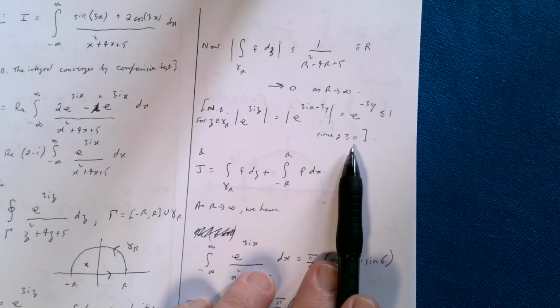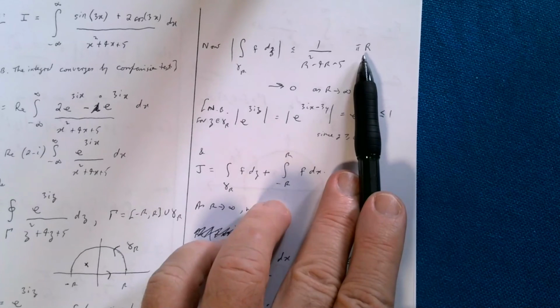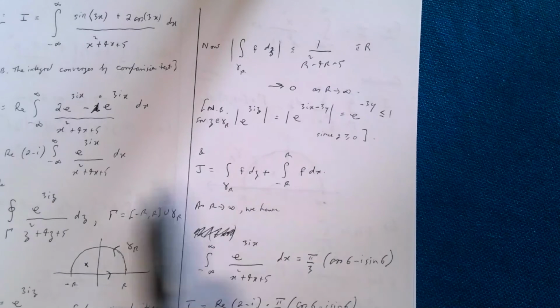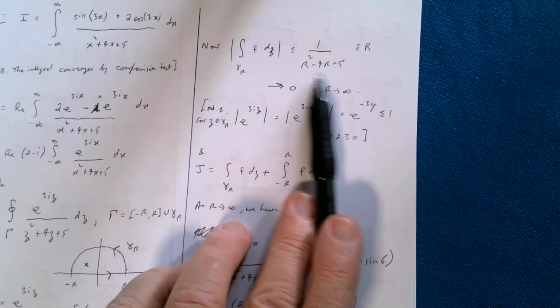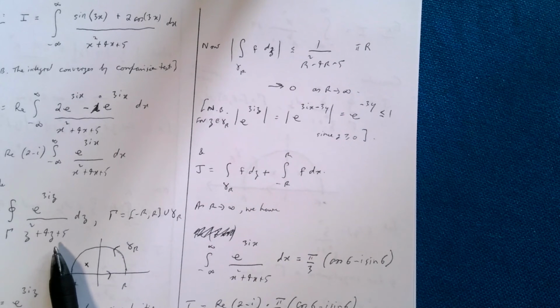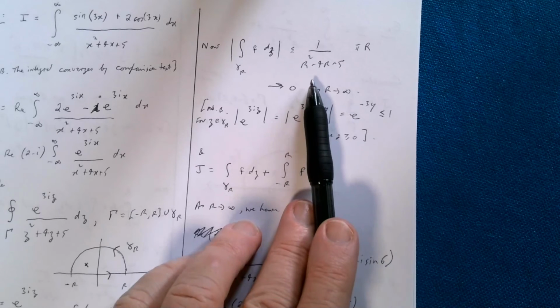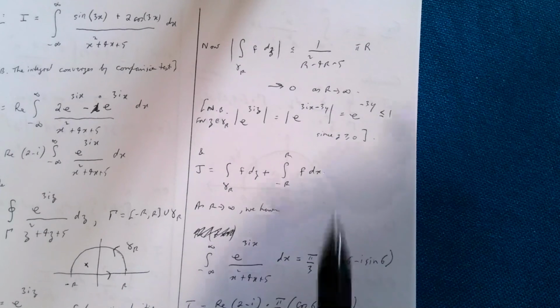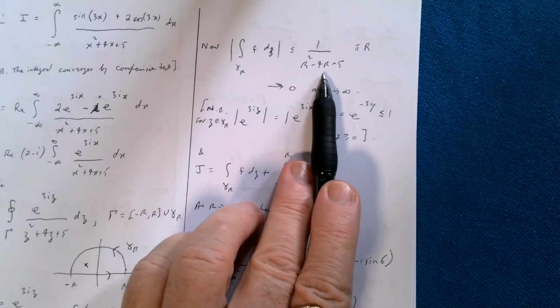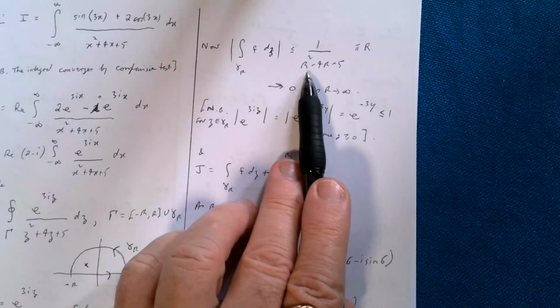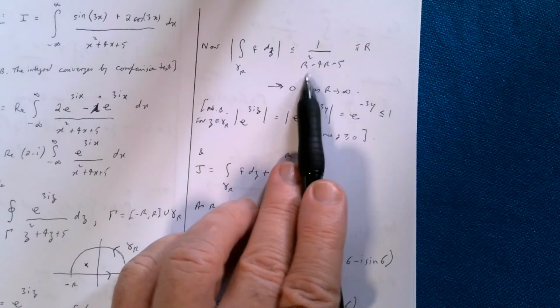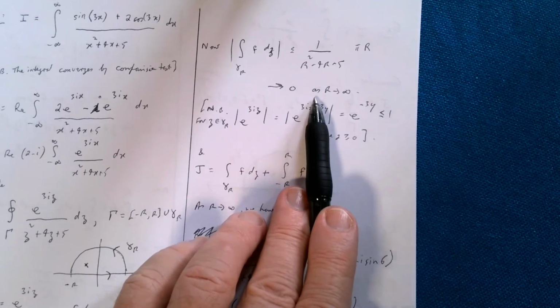So when I use my ML estimation lemma, then the length of the contour is pi R. The maximum modulus of e to the 3iz is 1. And then I simply use the triangle inequality, the second one, a couple of times, and I see that the modulus of 1 over z squared plus 4z plus 5 is less than 1 over R squared minus 4R minus 5. Now once again, we've got an R squared on the bottom, R on the top, the bottom wins, and so this goes to 0 again as R goes to infinity.